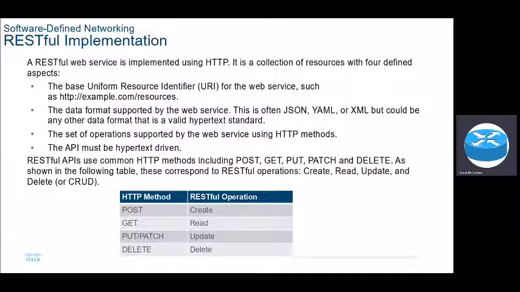The set of operations supported by the web service using HTTP, and the API must be hypertext driven. RESTful APIs use common HTTP methods, including POST, GET, PUT, PATCH, and DELETE. As shown in the table, these correspond to RESTful operations, which are create, read, update, and delete, and they call that CRUD.